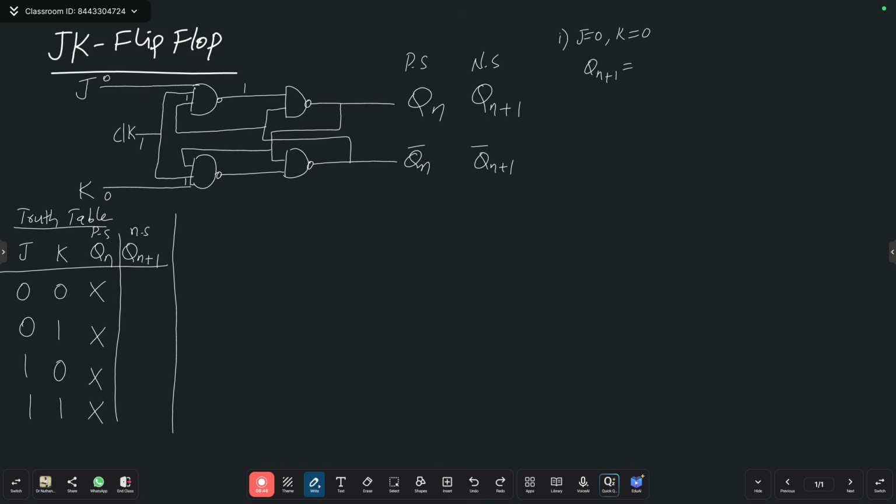Okay, then calculate the Qn plus 1. Yes, tell me, what is the Qn plus 1? 1 into, this is 1, then see this, Qn bar. Then after this, complement. Then what is going to happen? 1 into Qn bar. What is happening here? Qn bar, whole bar. What is going to happen here? Qn.